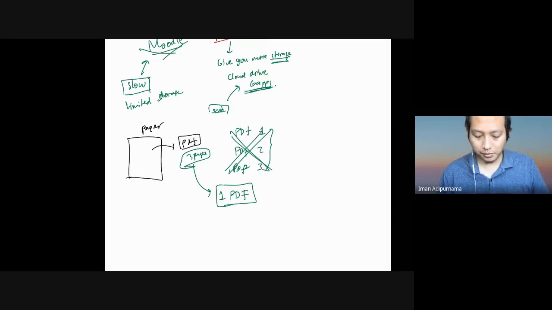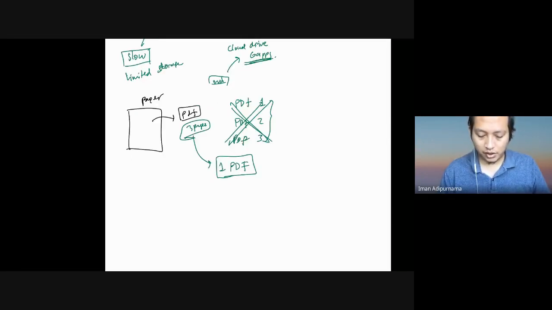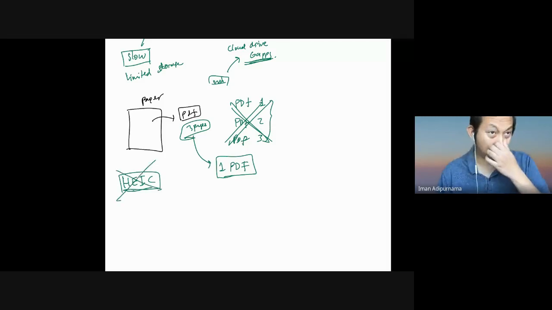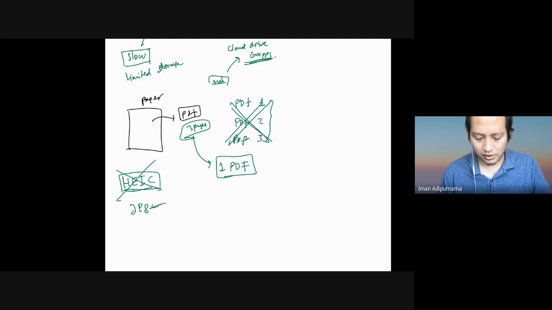And do not take a picture, like a HEIC file. I cannot correct this answer. If you want, you can do JPG, but I'm not suggesting this. Please just use PDF. It's easier for me, especially for your final.